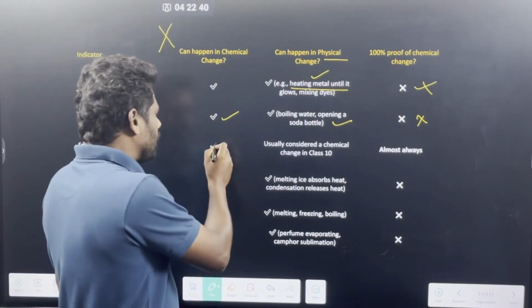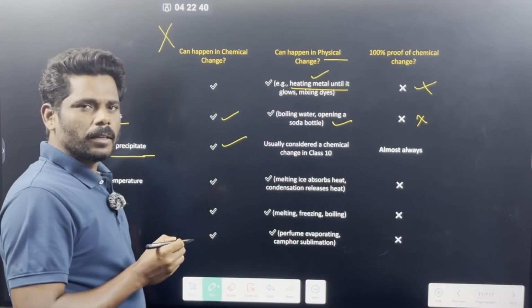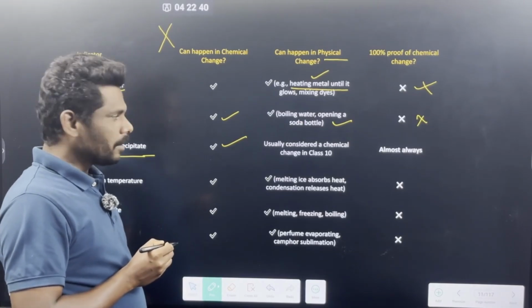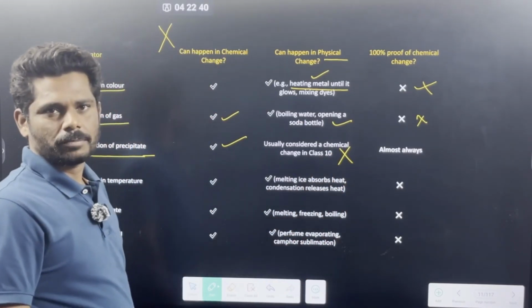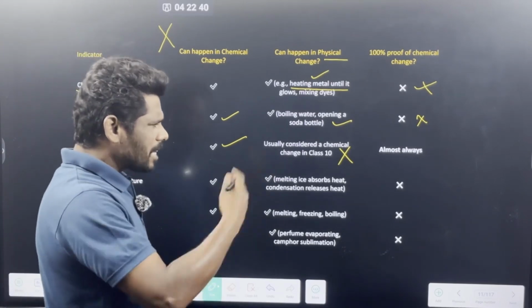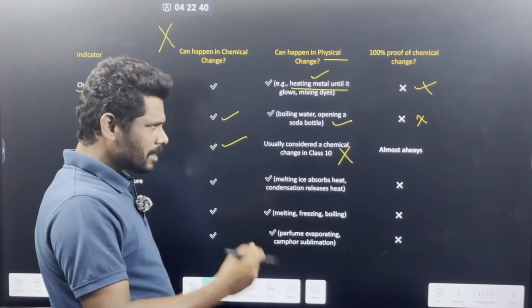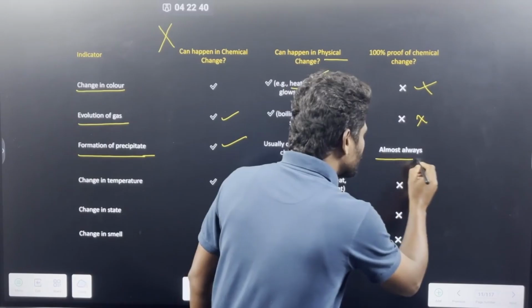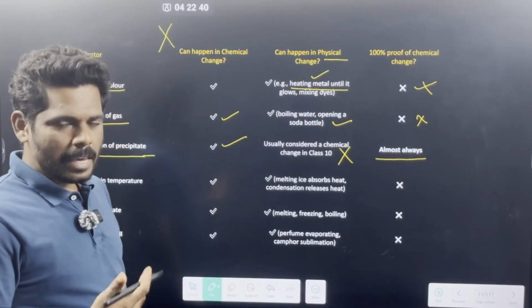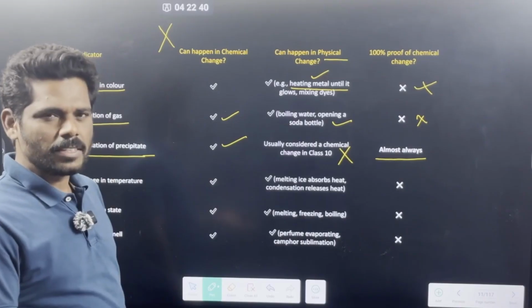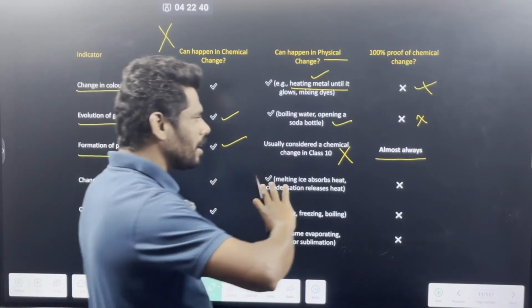So it will happen in the chemical change, it is an indicator, but mostly it will not happen in the physical change. So as per our grade 10 standard, whenever you see a precipitate formed in a reaction or in a change, you can confirm it as a chemical change.